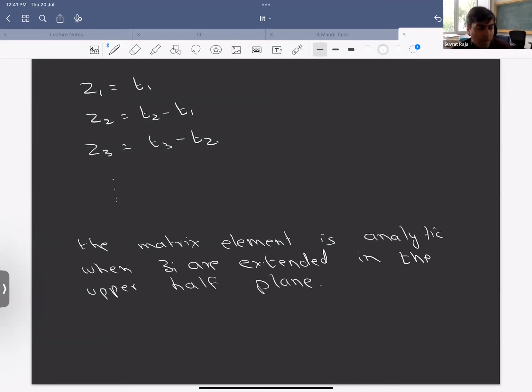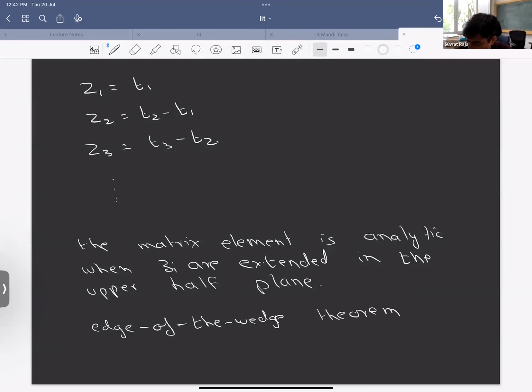Okay. And therefore, once again, there's a theorem in complex analysis. It's called the edge of the wedge theorem, which is just a more elaborate version of what we just said in 1 dimension. And there's a nice proof in Witten's lecture notes on this if you want to see how this theorem goes.